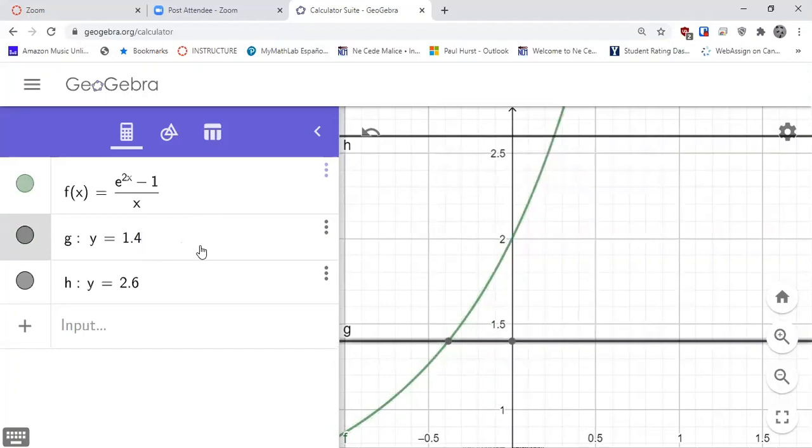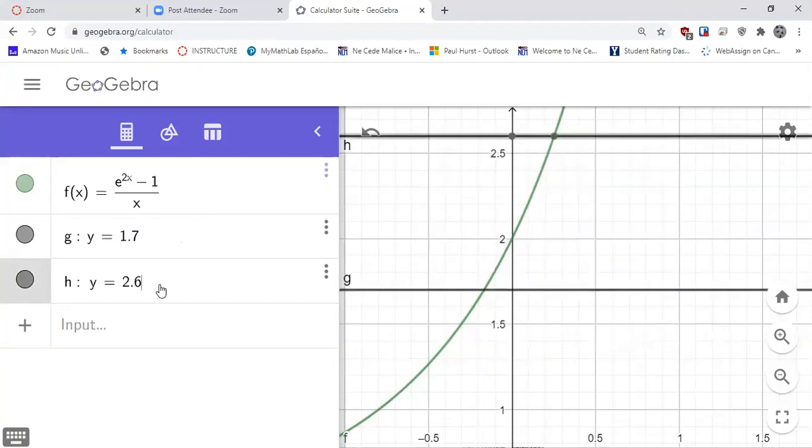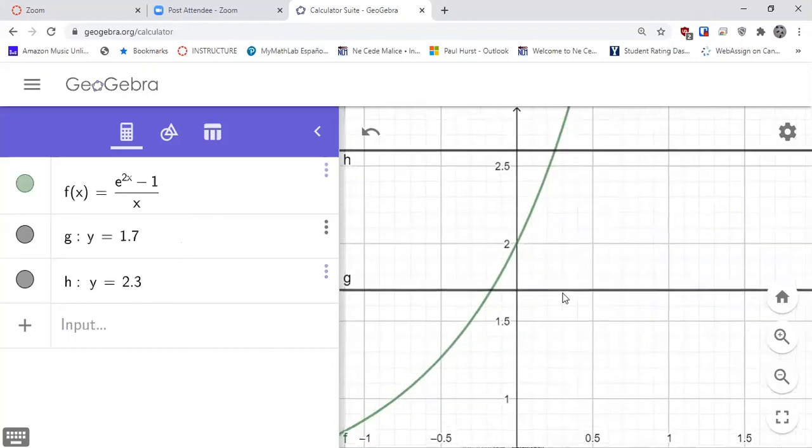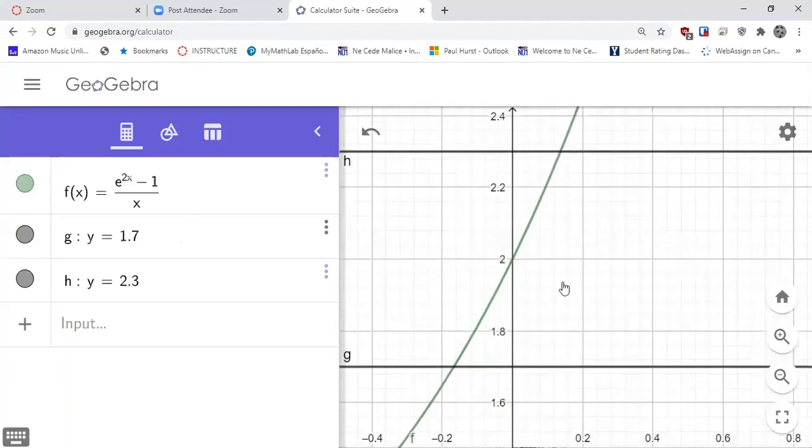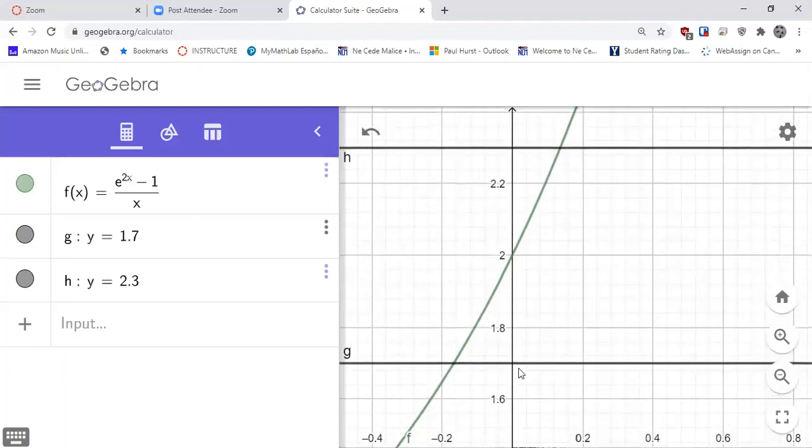So that means you'd come here and replace this with 1.7, and you'd replace this with 2.3. 1.7 would be this horizontal line, and 2.3 is this horizontal line. This green one is the function.